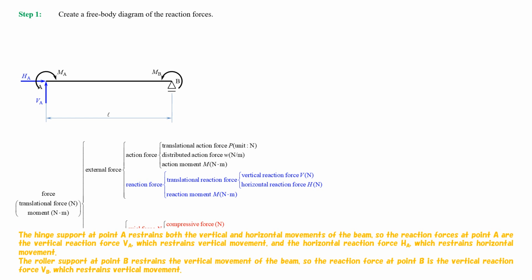The roller support at point B restrains the vertical movement of the beam, so the reaction force at point B is the vertical reaction force, VB, which restrains vertical movement.